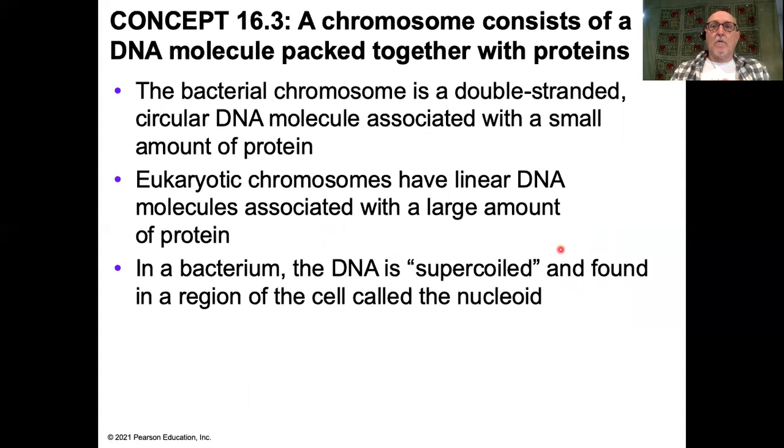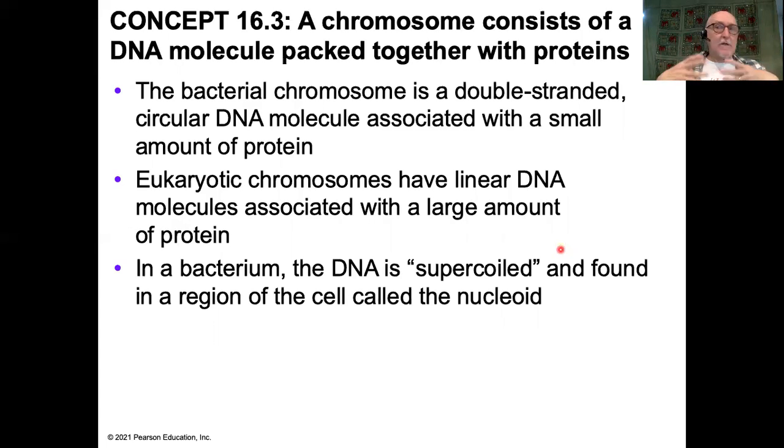Okay, just one consideration, especially for eukaryotes, that is really important. We have an enormous amount of DNA present inside a nucleus, and the DNA can't just lie there in a random sort of fashion. It has to be carefully packaged, and it has to be packaged in such a way that the genes can be accessed really easily when they need to be.